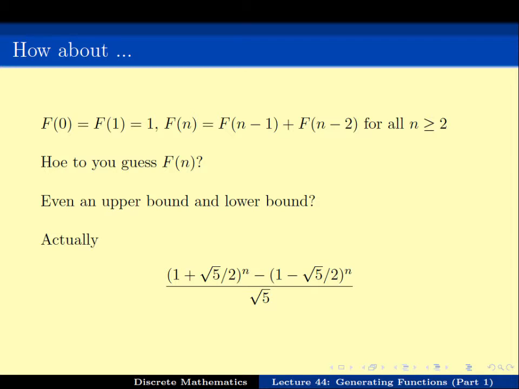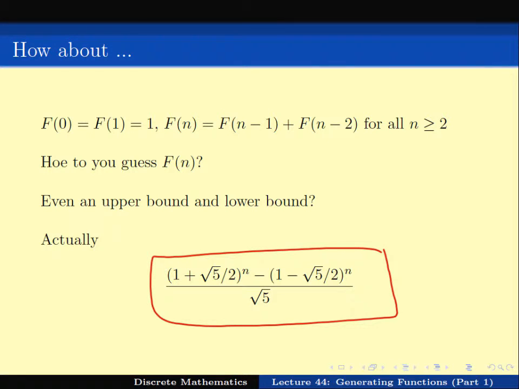And in fact, I had told you beforehand that this function finally does come down to this expression: fn equals ((1 plus square root 5 by 2) power n minus (1 minus square root 5 by 2) power n) by square root 5. Just by looking at the expression, you can imagine that this is not an easy recurrence relation to solve.